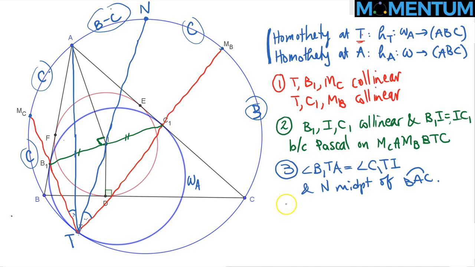But then, implying by homothety centered at T, this point, actually, let me label these 2 points here. Let me label this one as R and this one as R prime.